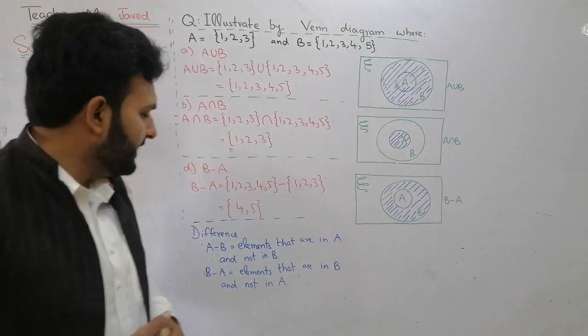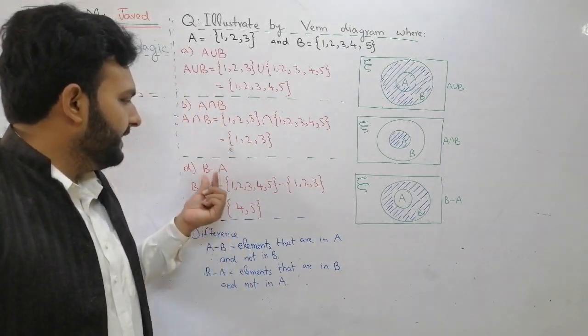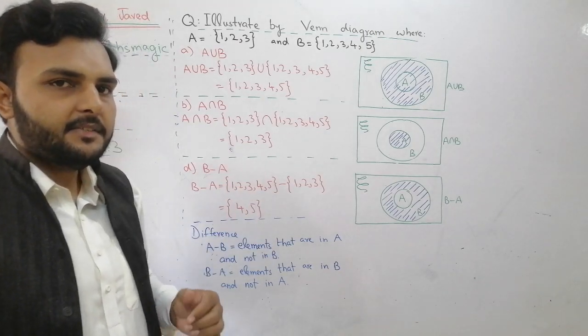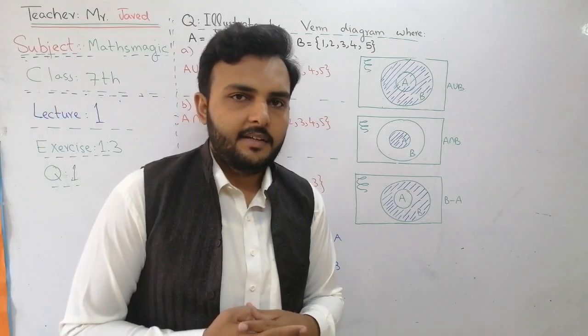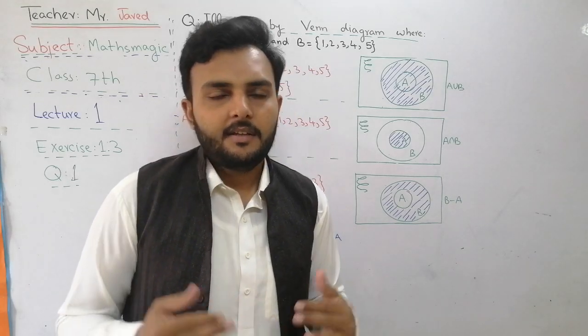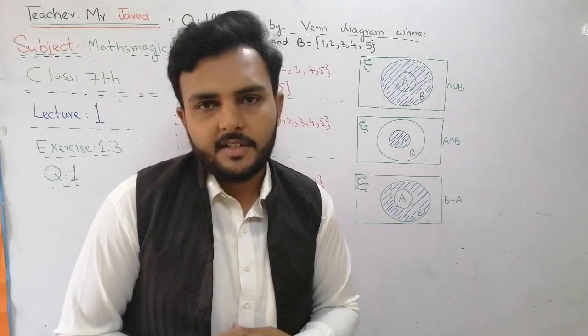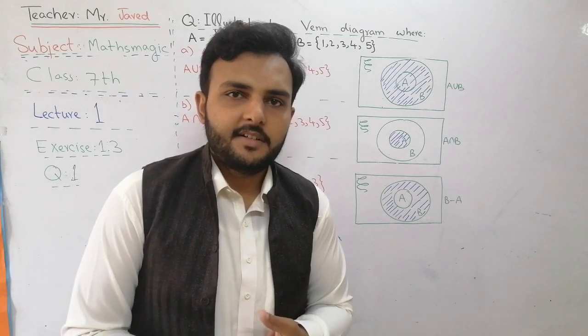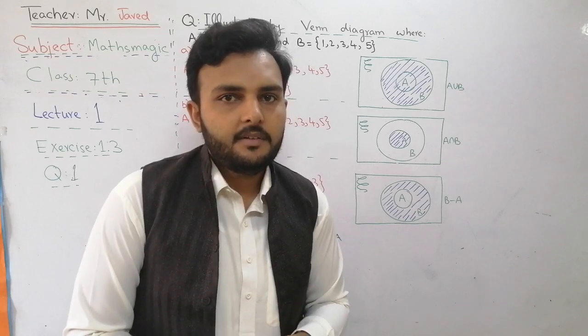So this is B difference A, and in A difference B we will shade A. But if the difference of A minus B and B minus A is the empty set, we will not shade anyone, and the whole area remains unshaded. Clear? That is very important for you.